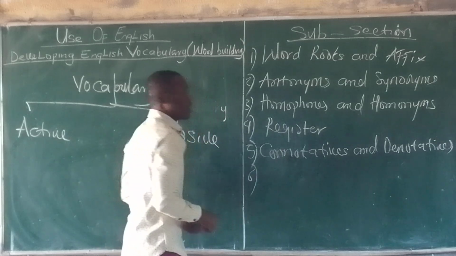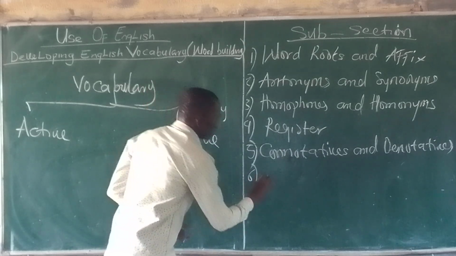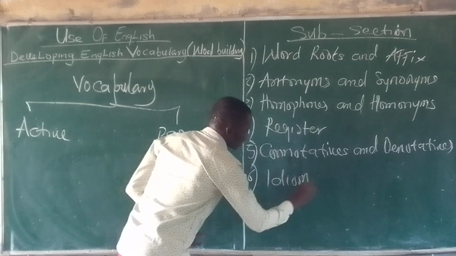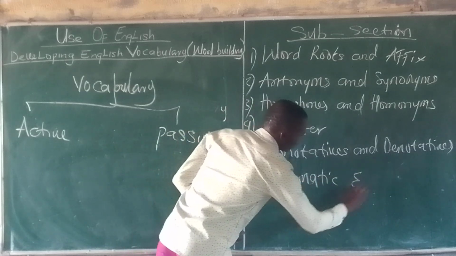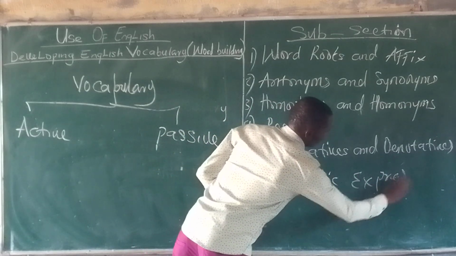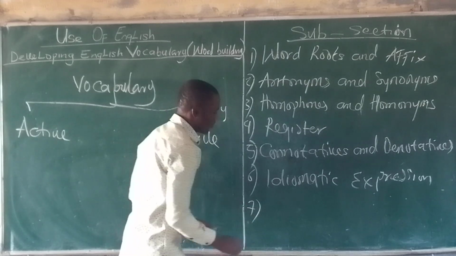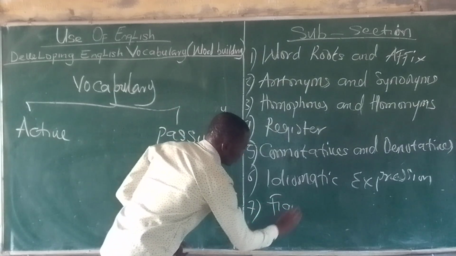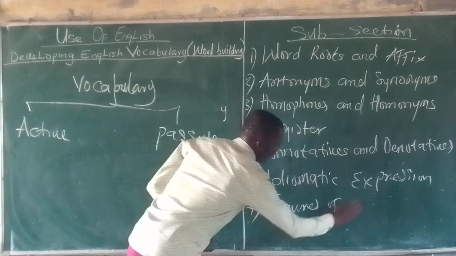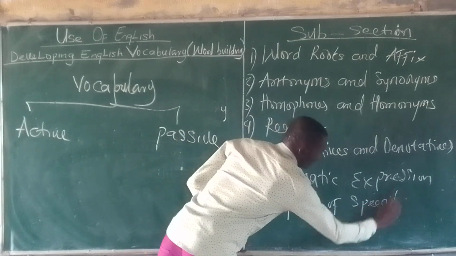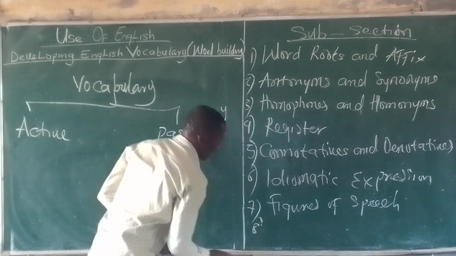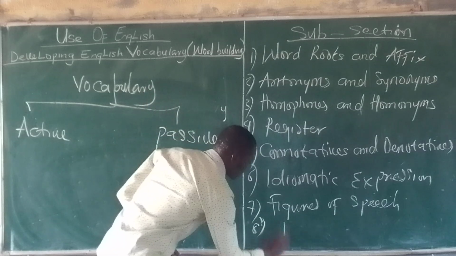Number 6, you look at idiomatic expression. Number 7, you look at figure of speech. Number 8, you look at proverbs.